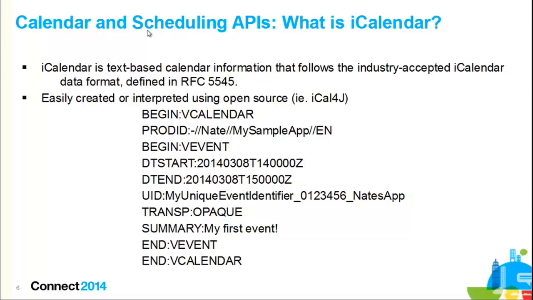Summary: what is the subject of this? But there's a lot more in iCalendar. There are categories, there are alarms, there are time zones, you can specify recurrence patterns. And in fact, you can have multiple VEVENTs if you wanted to have exceptions to that pattern. So it occurs Monday through Friday at 9 o'clock, except Wednesdays at 10 with a different subject and location. And iCalendar supports all of that.